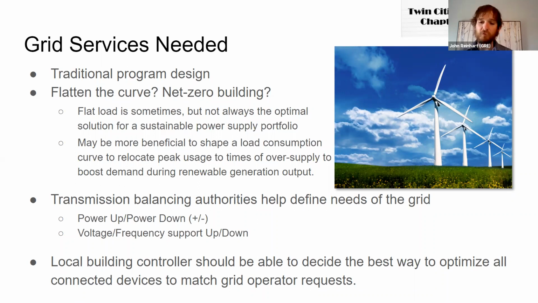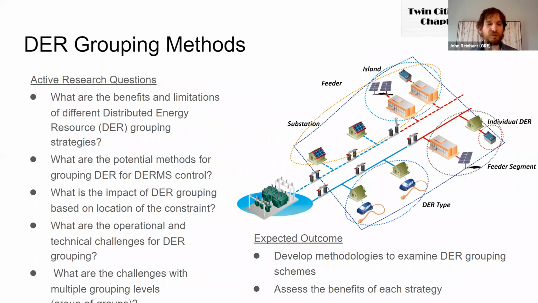And the building management system would decide, what can I do with my water heaters, my air conditioners, my HVAC systems, my blinds, and all those other things to provide that service to the grid. We don't need to know as a utility every little item that's doing that service, as long as the instruction is followed.